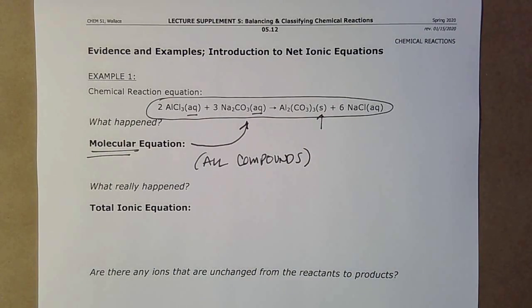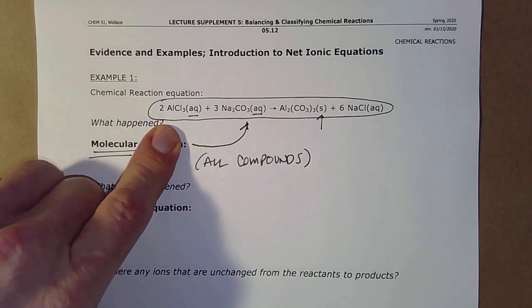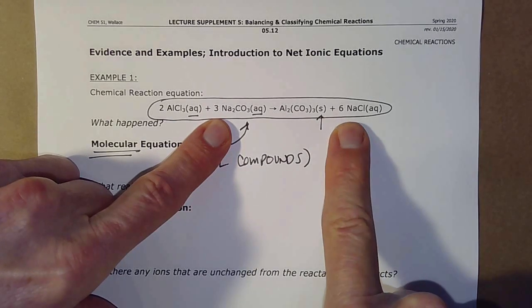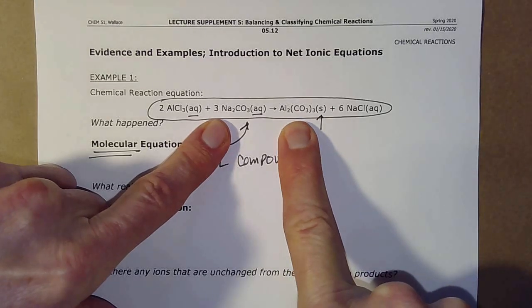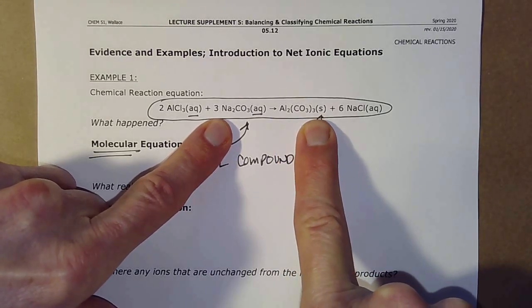Now, that's not a very honest description of what's happening. There is no aluminum chloride in the water. There is no sodium carbonate in the water. There's no sodium chloride over here in the water. There is aluminum carbonate sitting there in chunks at the bottom of the reaction vessel.